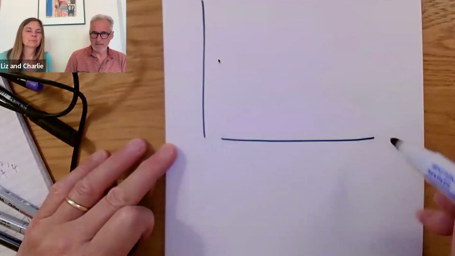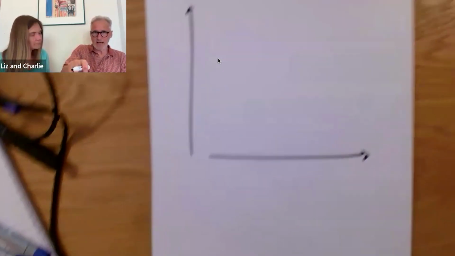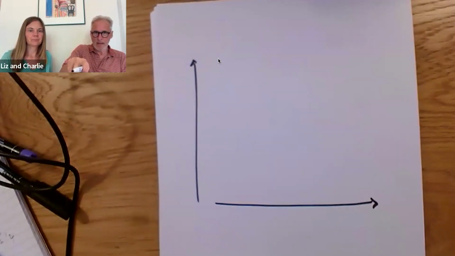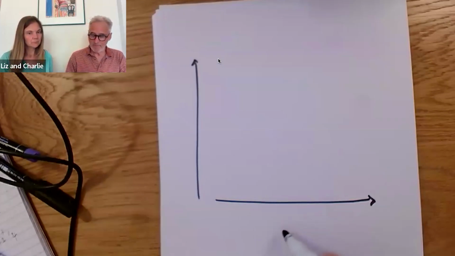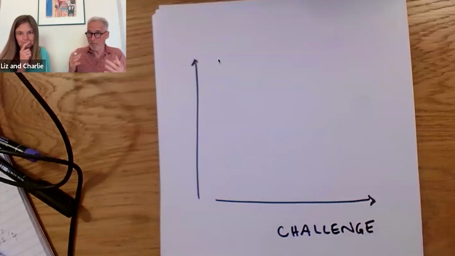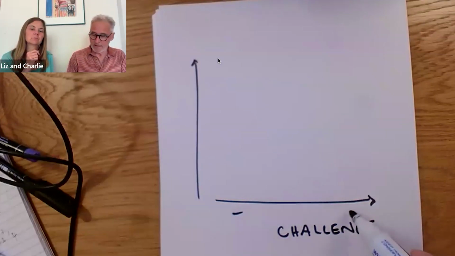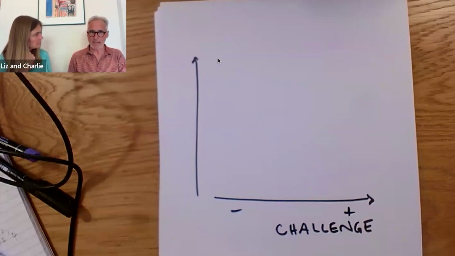So the way that I'm interpreting what he was saying is that if you think about what we're experiencing, we might have 2 domains. The level of challenge is something that, as teachers, we need to be thinking about. And so we're going to have the negative or less of a challenge there and more of a challenge as we go along the axis.